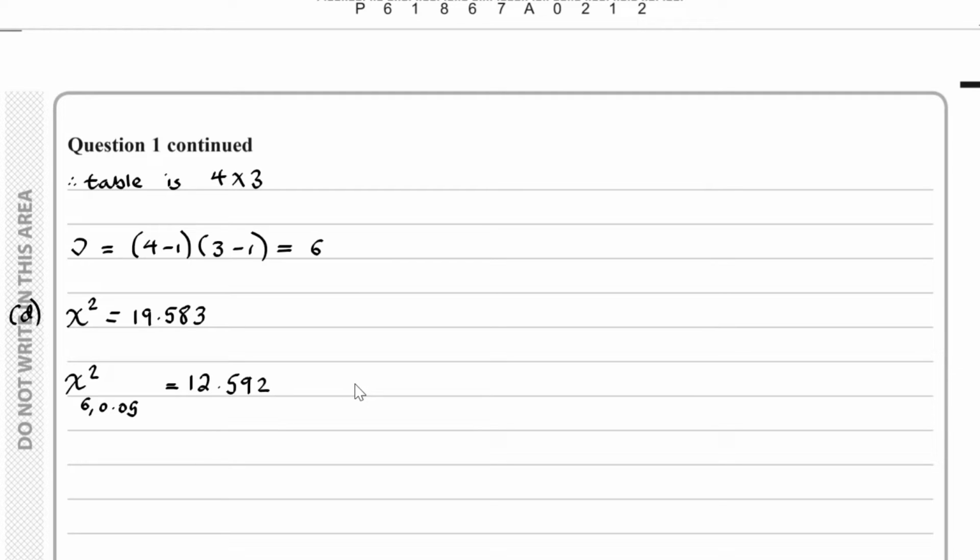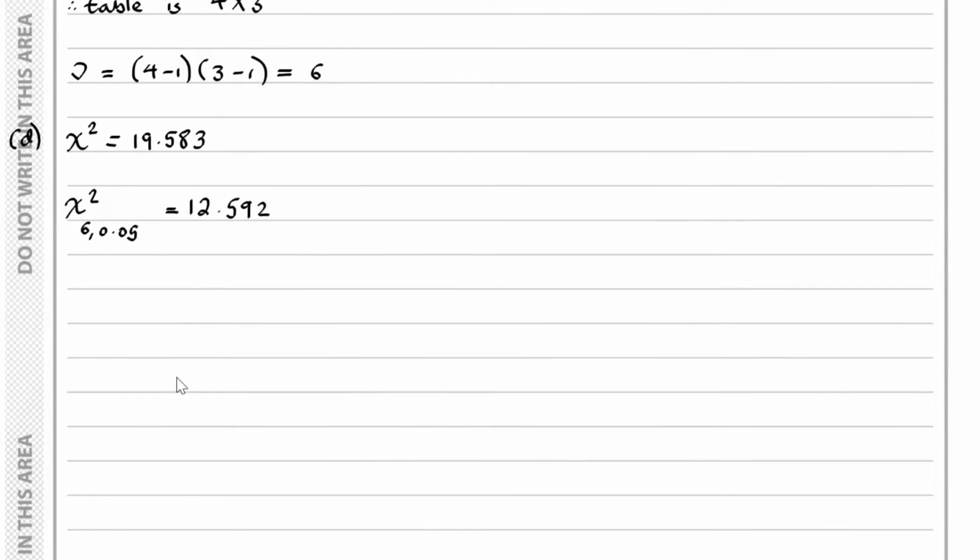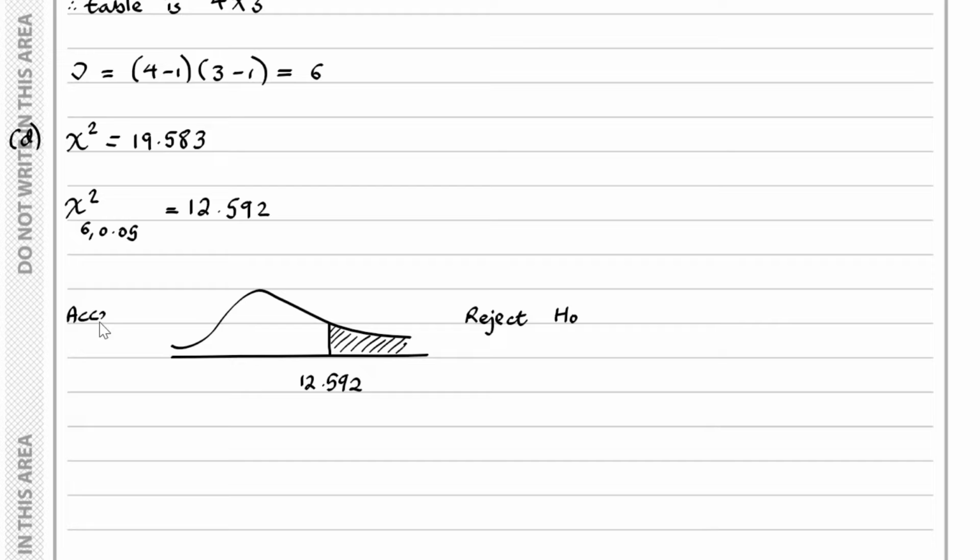So drawing a quick diagram to illustrate this, we've got our critical value of 12.592. Here is where we reject H0, and here is where we accept H0.